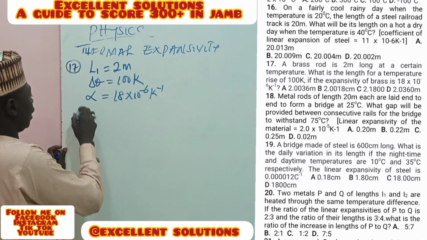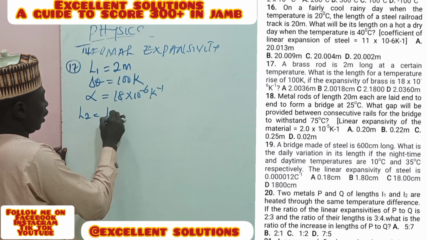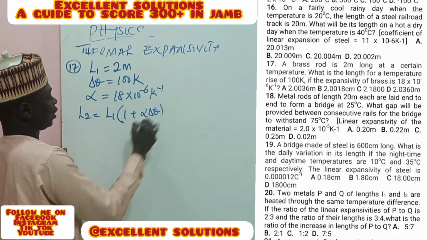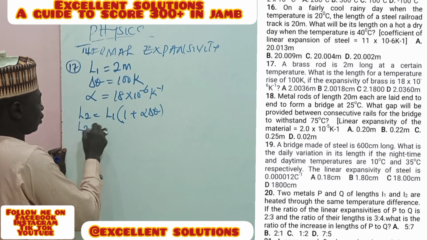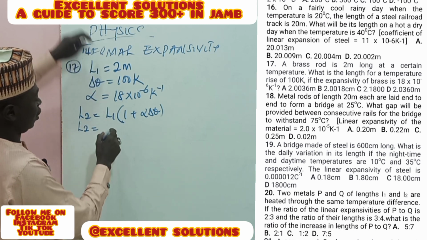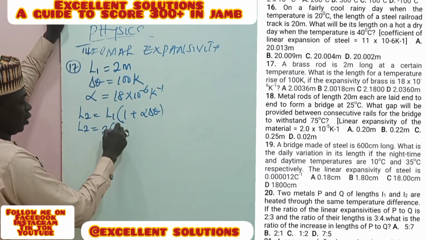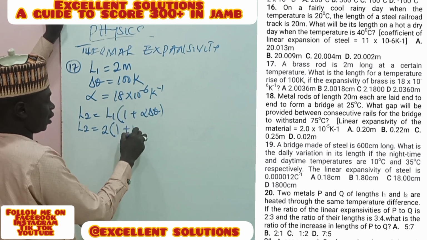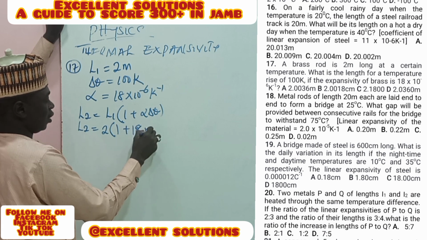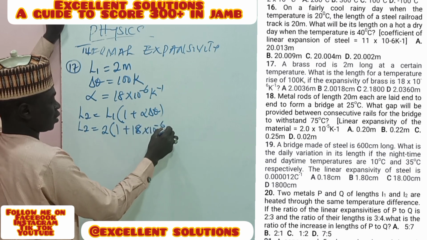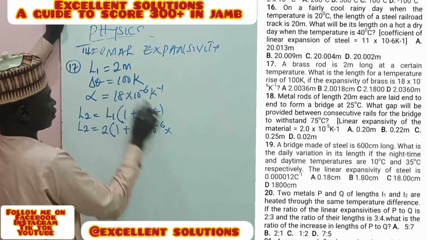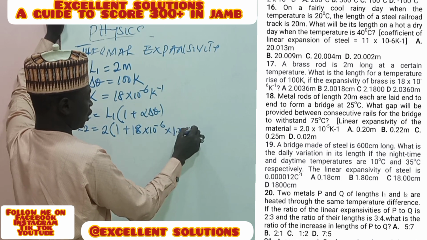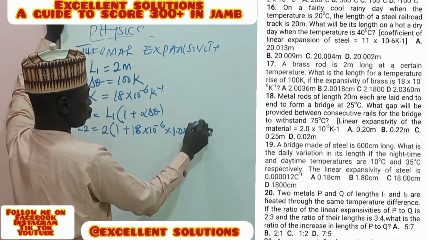Recall that we said L2 equals L1 open bracket 1 plus alpha delta theta. So we now have L2 equals our L1, which is 2, open bracket 1 plus our alpha, 18 times 10 to the power of minus 6, times our delta theta, 100. This 100 is the same as 10 to the power of 2.